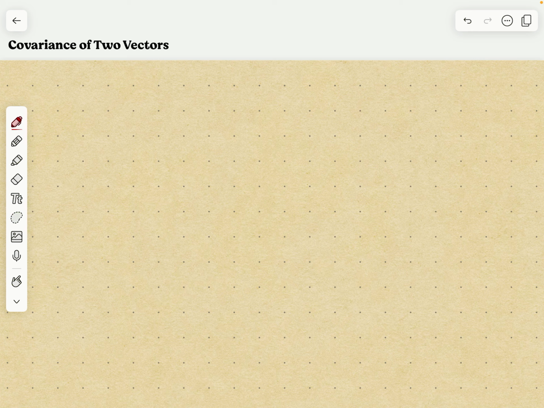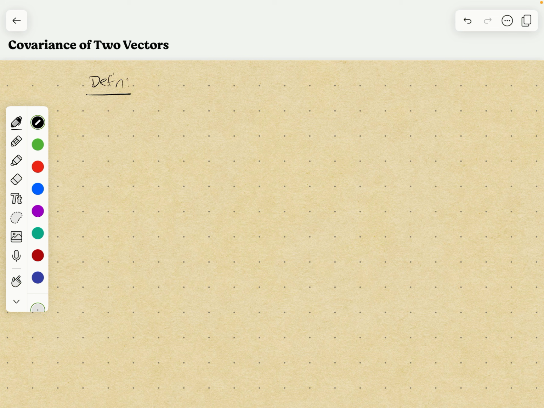So here we have a definition. I have two vectors in Rn, but I'm actually going to use a capital N because it's more in line with the convention of the data matrix.